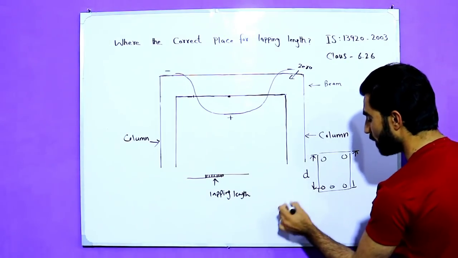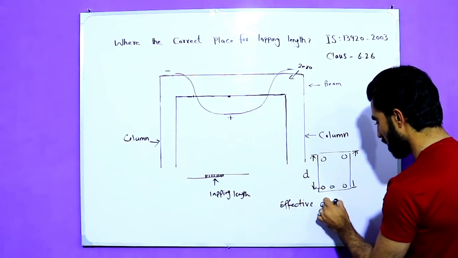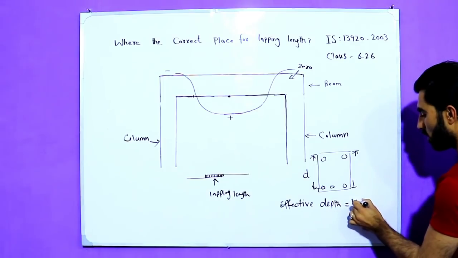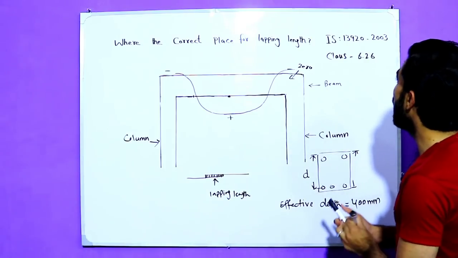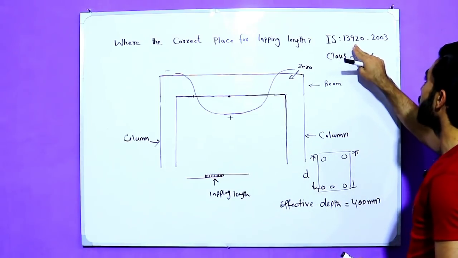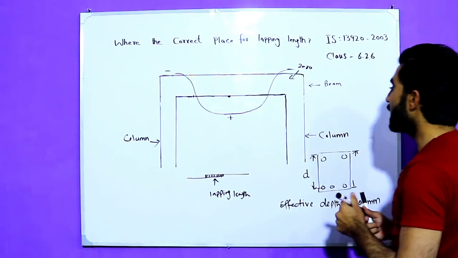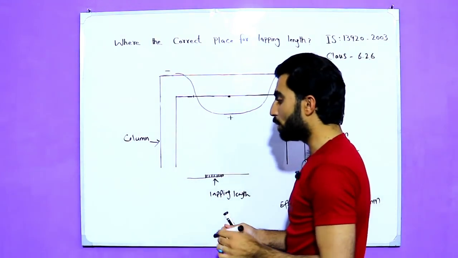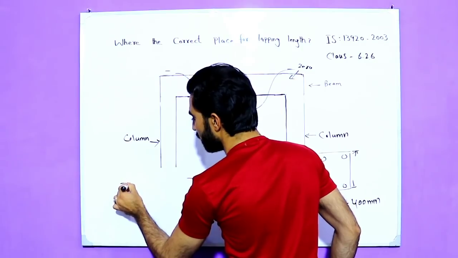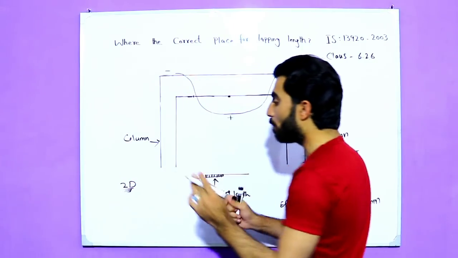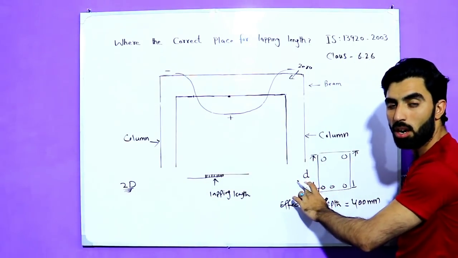For example, if the effective depth of the beam is 400 millimeter, so from the reference of IS 13920 2003, clause number 6.2.6, they said lapping length should be placed after a distance of 2D. Okay, it should be placed after 2D. So D is the effective depth of the beam.